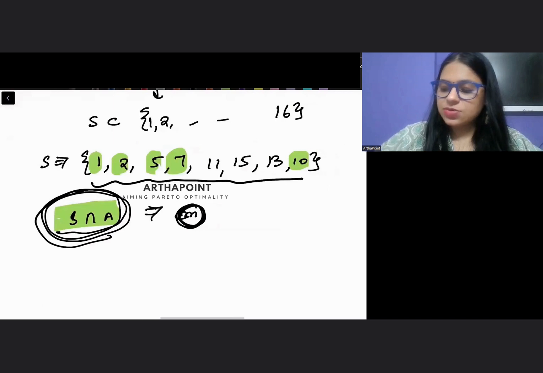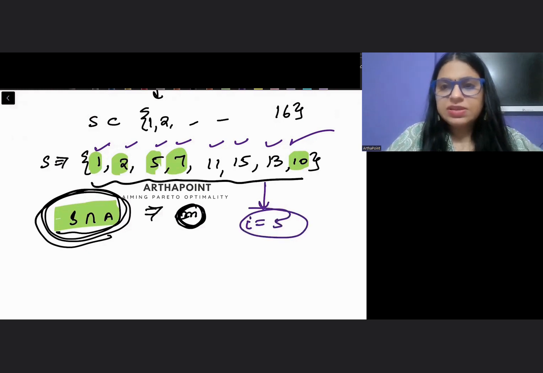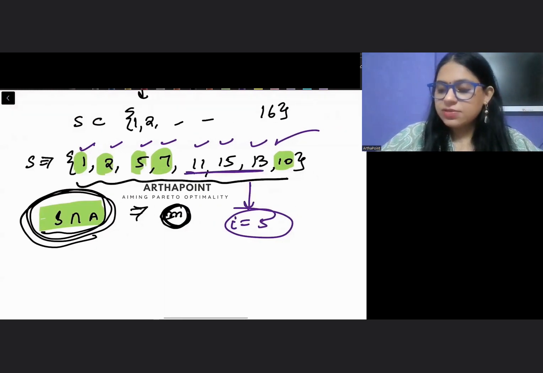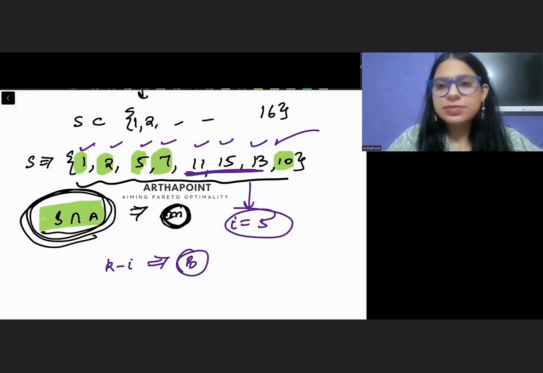I create a subset with 8 elements, of which I is 5. That means 5 elements are elements of A, right? But how many elements are from B then? 11, 15, and 13. These are the elements of B. So, can I say that K minus I elements will be the elements of B?